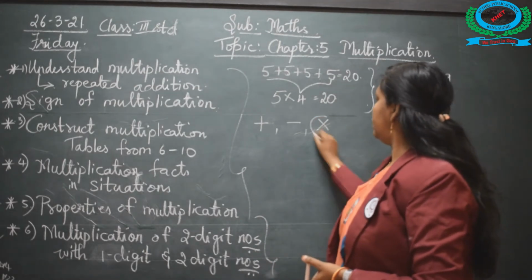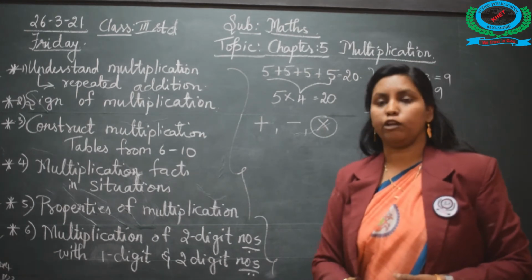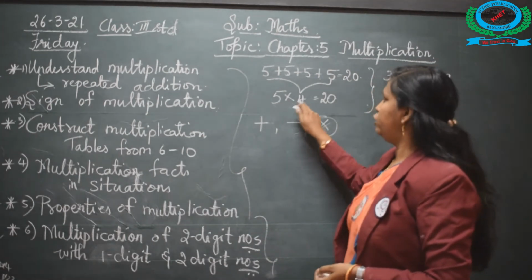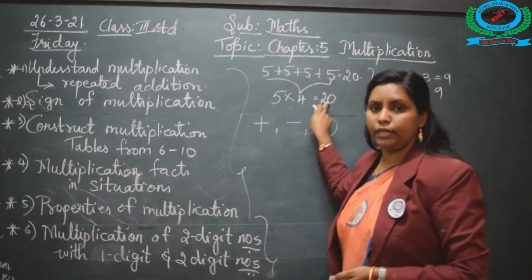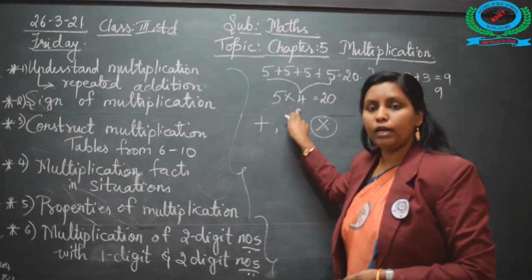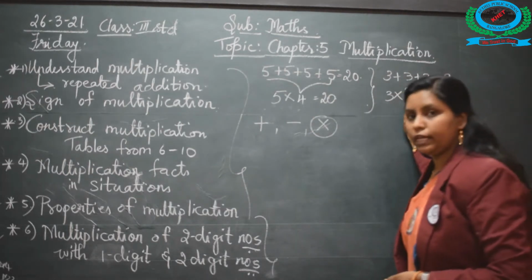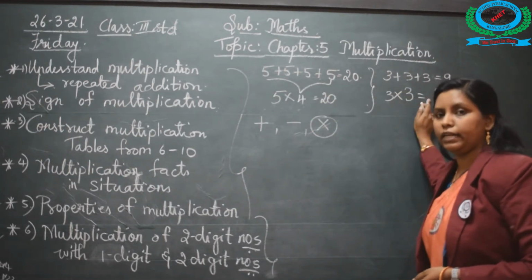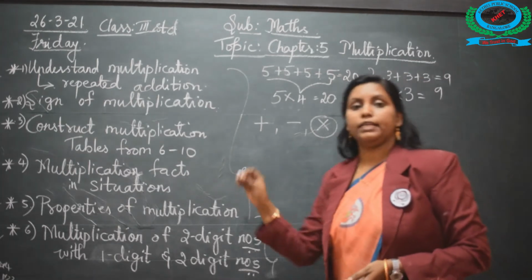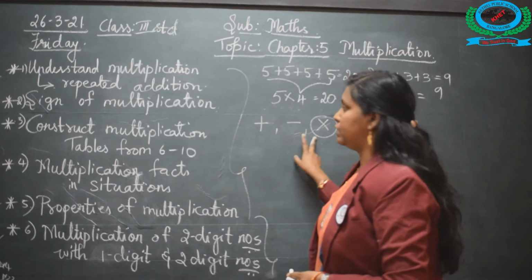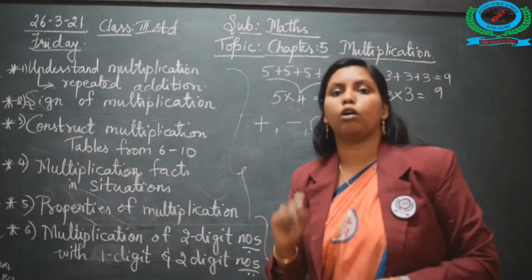So this is called the sign of multiplication. You can see here in these sums also 5 into 4 is equal to 20. And this one 3 into 3 is equal to 9. So the sign of multiplication is into, a cross.